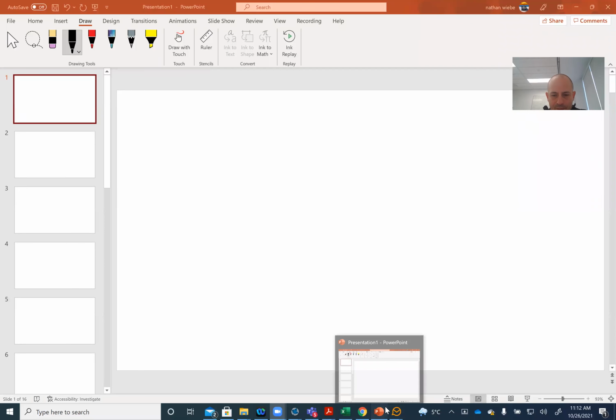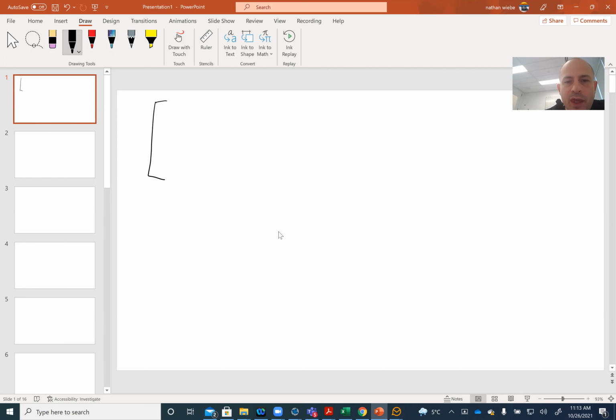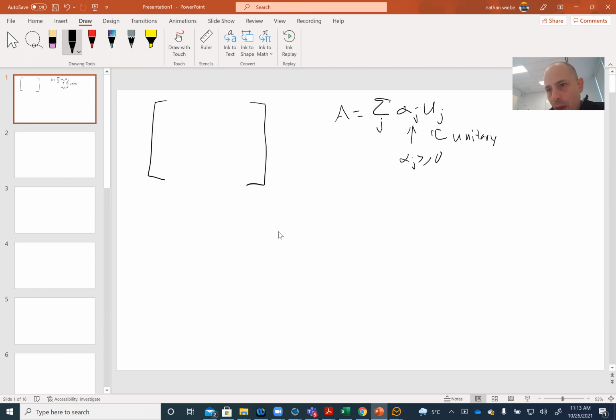So the basic idea, again, with linear combination of unitaries, as you recall, is that let's imagine what we want to do is build a matrix A, which is the sum over j of alpha_j U_j, where the U_j are all unitary, and the alpha_j's we're assuming are positive, so greater than or equal to 0.